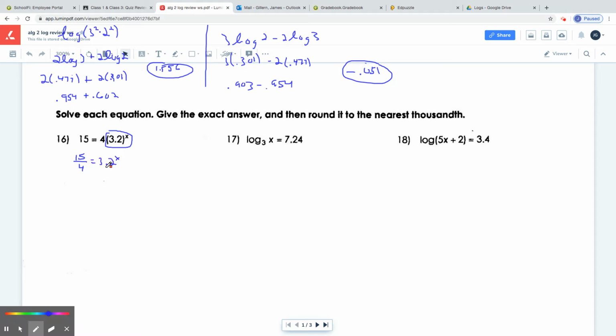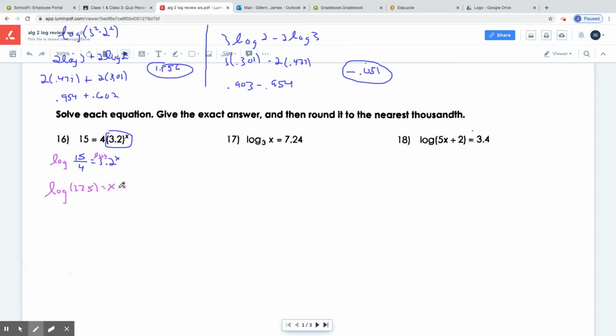Okay. Now once you've got the exponential isolated like this, then you're just going to add a log to both sides. So I get log of 15 over 4, which I'm going to change to 3.75. You can keep it as 15 over 4, doesn't matter. Equals, when you add the log to both sides, the reason you do that is because you want to move the exponent out front.